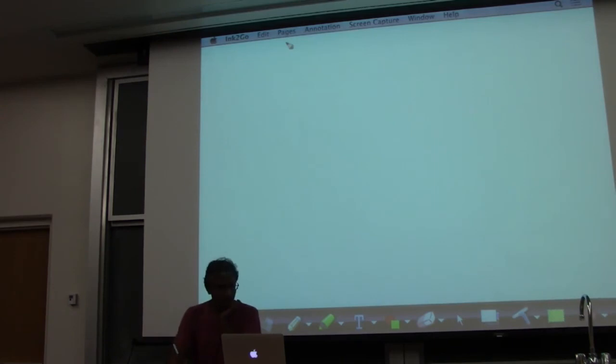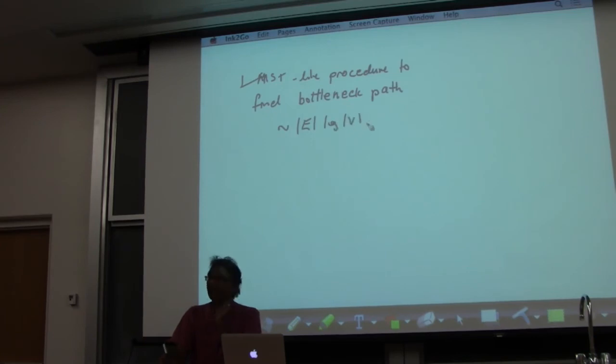so you need an MST-like procedure to find the bottleneck path. And that would take, and again, you can look at the notes, something like MST-like time to do this, but a bit worse.